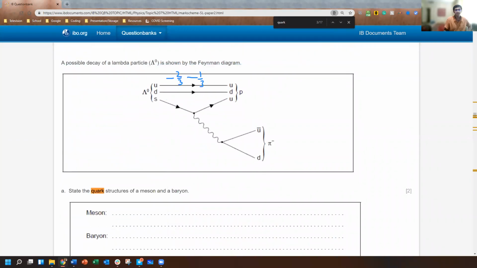Let me go back and make sure I fix that. So here, let me go back to this diagram. Strange was -1/3, up was +2/3, so that's still W minus because -1/3 has to equal 2/3 -1. And then anti-up will be -2/3, down will be -1/3.